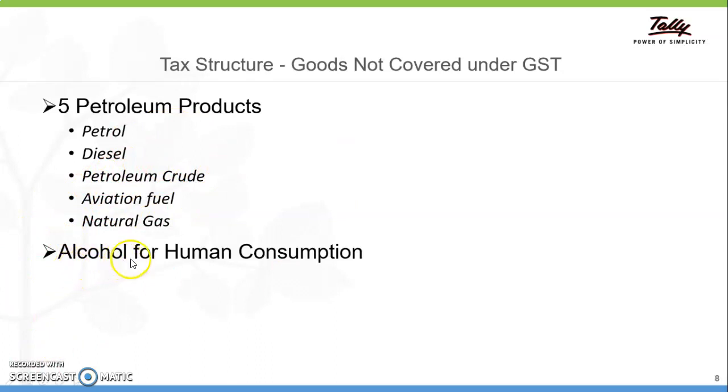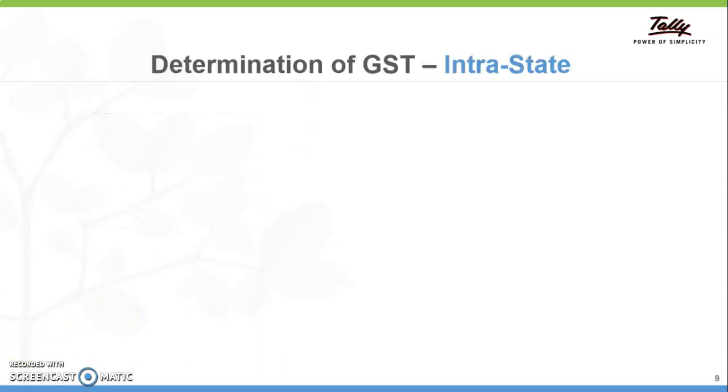The next is alcohol for human consumption. For this also the previous tax, that is VAT, is applicable, and GST is not applicable. In case of the power sector also, GST is not applicable.